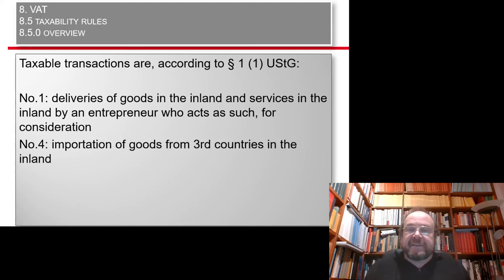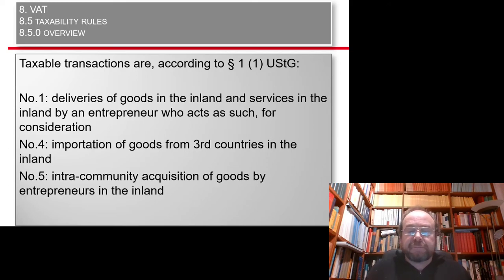Number 4 is the taxable transaction of the importation of goods from a third country into the inland, or better, in the inland, because it might be that a good crosses the border in Spain, and with the permission of the customs duties authorities, the importation is, under the legal aspect, only effectuated in the country of destination, for example in Munich or in Mainz or in Cologne, so that the importation legally takes place there instead of at the Spanish border.